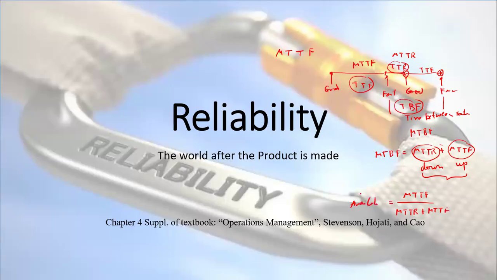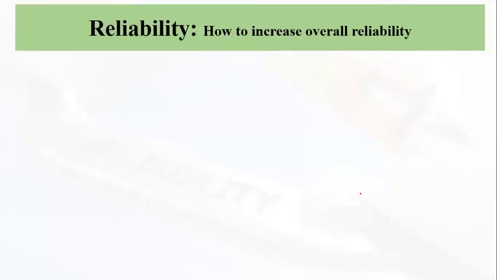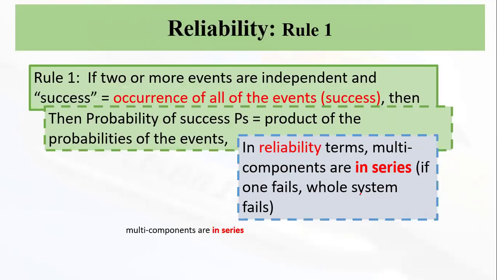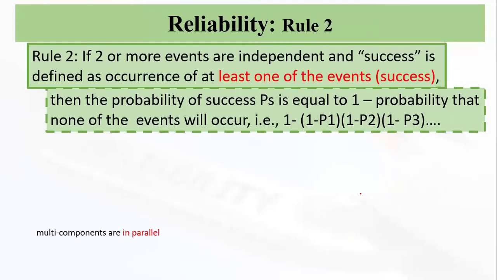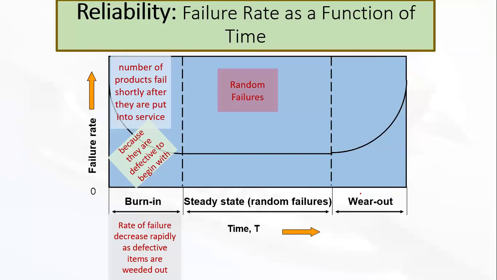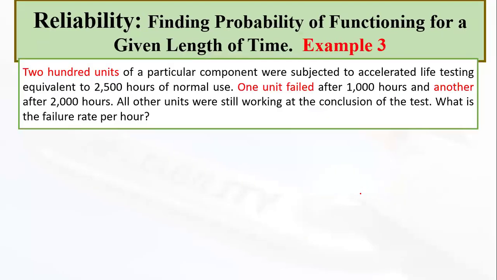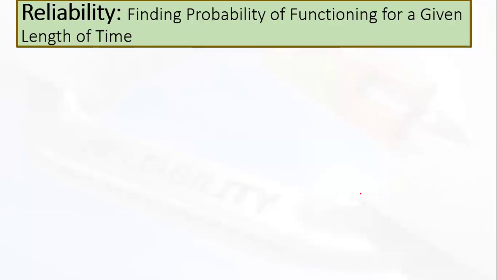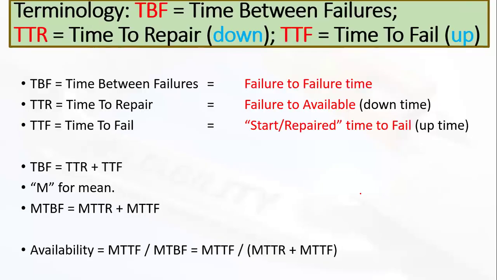So I actually updated this lecture notes on the web page already. So I did show you here the same slide. I actually made a new slide for you, and then I posted it here. Time between failures, time to repair, time to fail again.